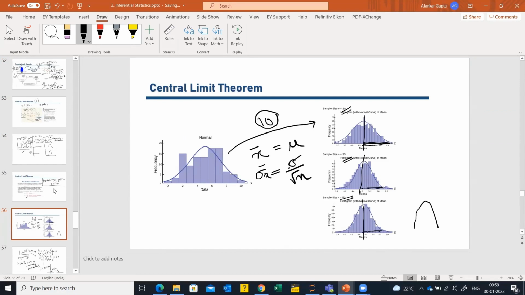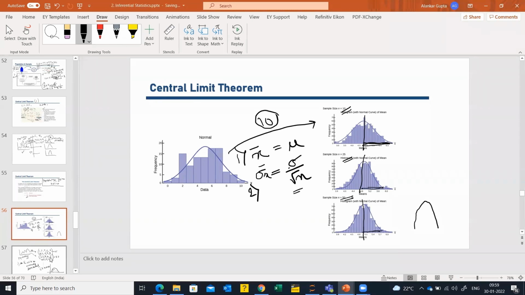So this was the first one and this is the second one. The second one says that as your sample size increases, the standard deviation will become narrower, or your graph will become narrower because your standard deviation will reduce.